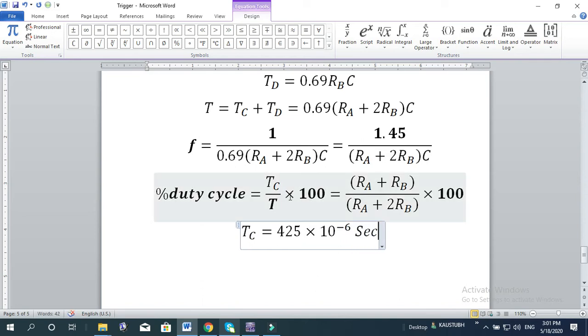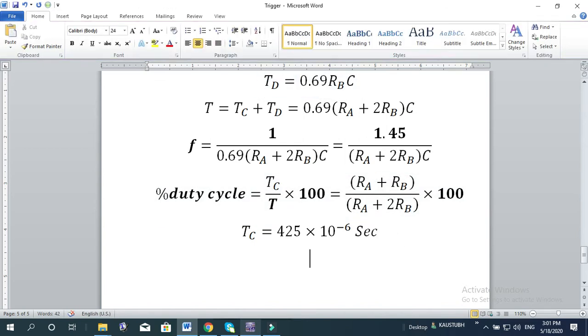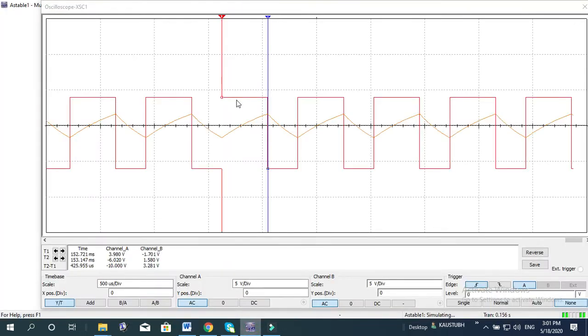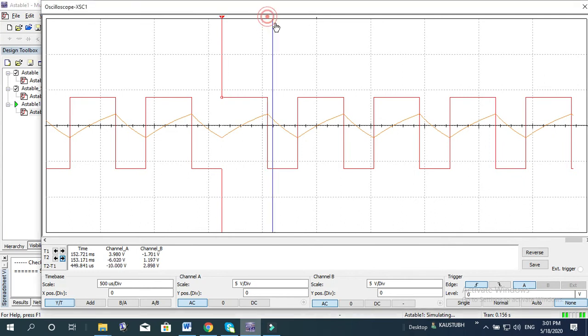And similarly now let us see the discharging time or the off time. Okay, off time is how much, see here, so this is your off time.